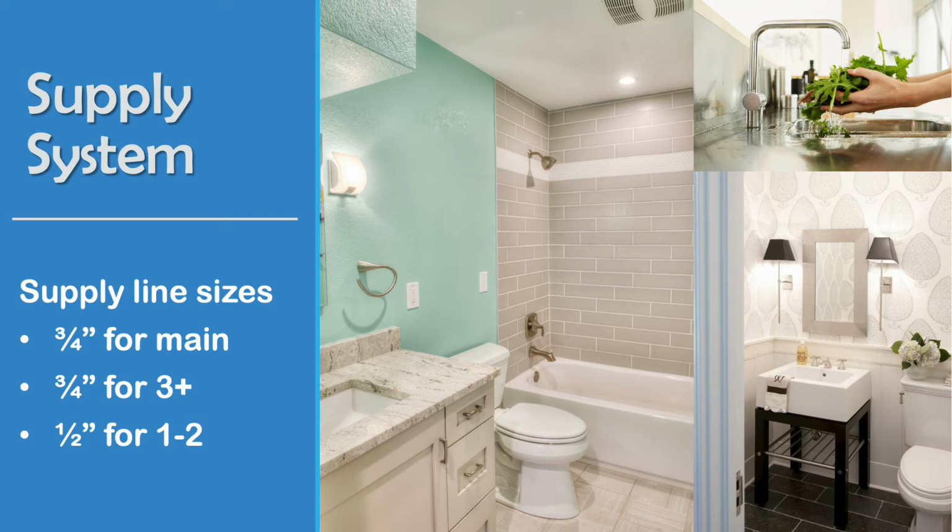Or possibly in a kitchen where our water supplies tend to be limited to one sink and a dishwasher if we have it. Now, if there is a possibility of a fridge being plumbed, or if there's more than one sink that is designed to be in a kitchen, we would go up to that 3/4 inch size.